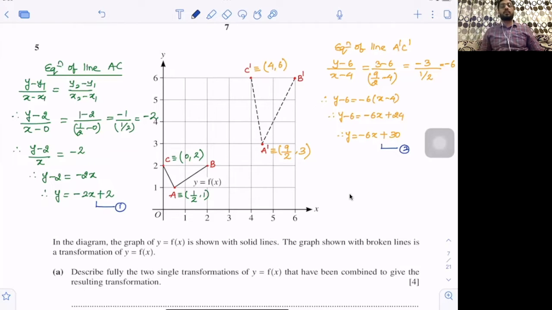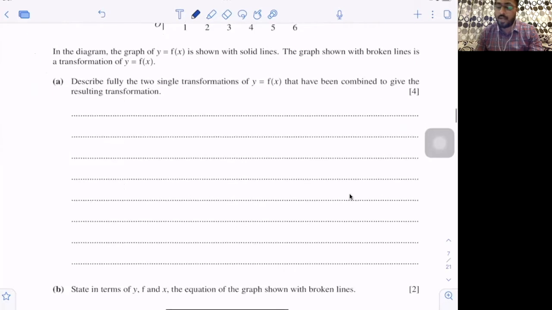So you must be recalling these transformations. If the entire graph is shifting to the right, x changes to x minus a. If the graph is shifted by a units to the right, I can have y is equal to f of x as my original equation, and if the graph of f of x is going to shift in the right direction by a units, then x will get replaced by x minus a.